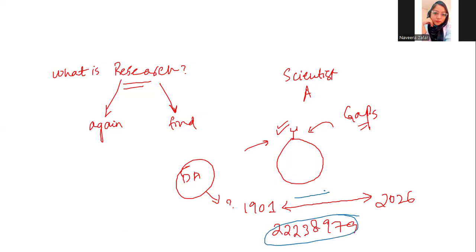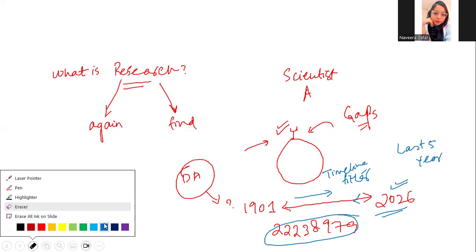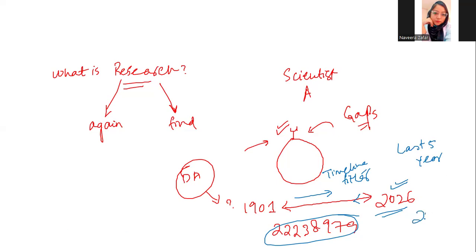First you will shorten your timeline filter by narrowing down and selecting recent years or the last 5 years of data, like 2021 to 26.